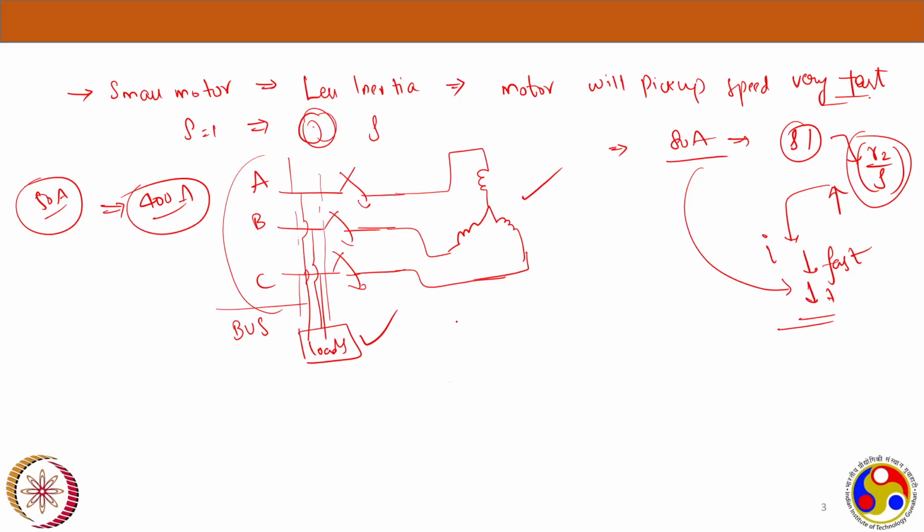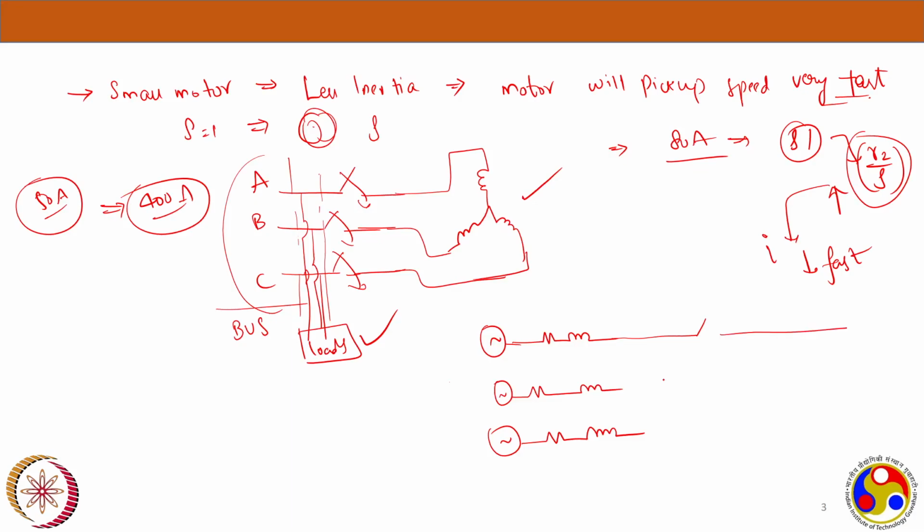I'm modeling our source as a source with an impedance. Okay, so these are all the switches we have.